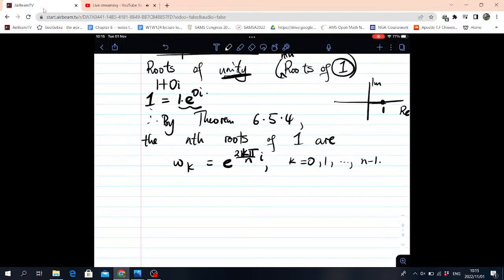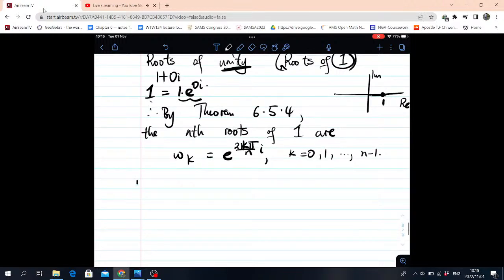Right, so these will be the nth roots of 1. And so we note some things. For each k from 0 up to n minus 1, the modulus of the complex number is always 1, right? If you look at your r here, it's going to be 1.